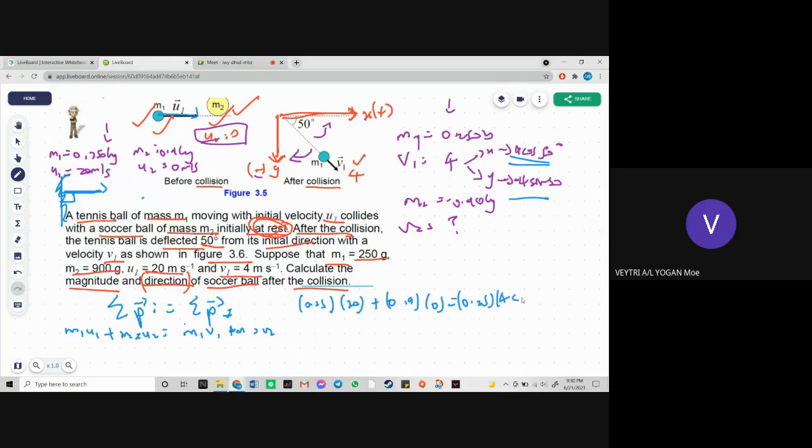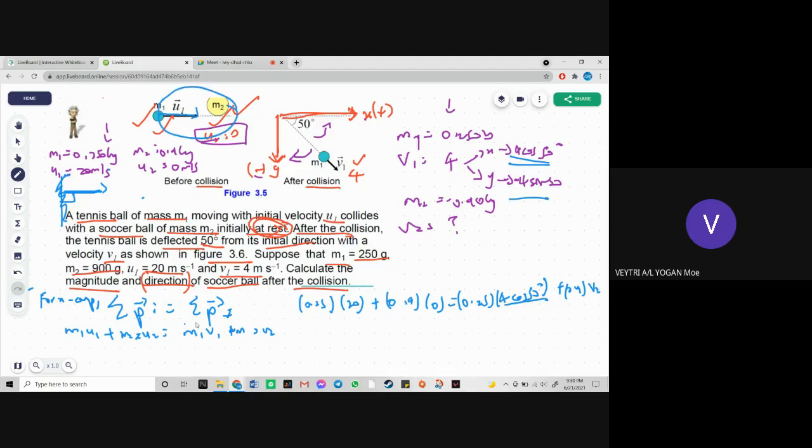The moment you take 4 cos 50 degrees plus 0.9 times by V2, what you need to do, you have to label here for X component. Baru ini betul. Kenapa? You have to define atau indicate atau tunjuk yang ini value ni you ambil daripada X component punya.